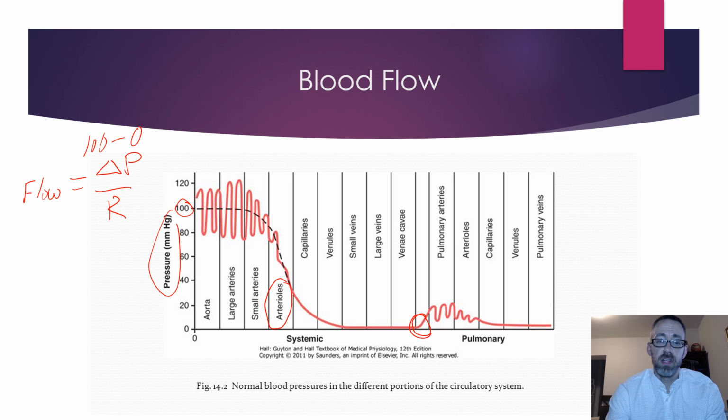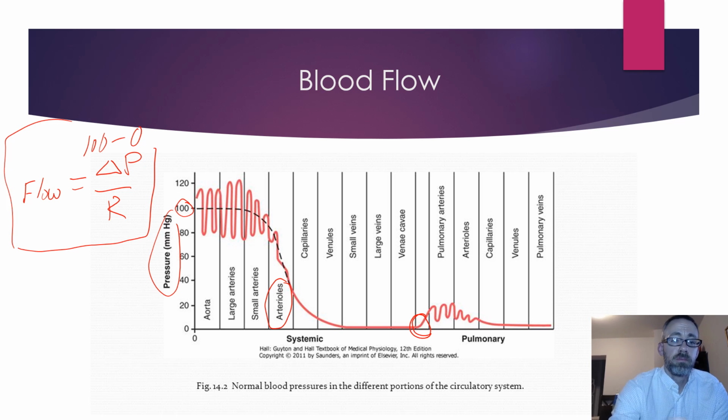And there's multiple things that can affect that resistance, and so we'll get into that. And so this is telling you that flow is directly related to a pressure difference and inversely related to the resistance. And that's actually something we can see here in this graph. Okay, so we'll come back to this, but this is Ohm's formula for blood flow.